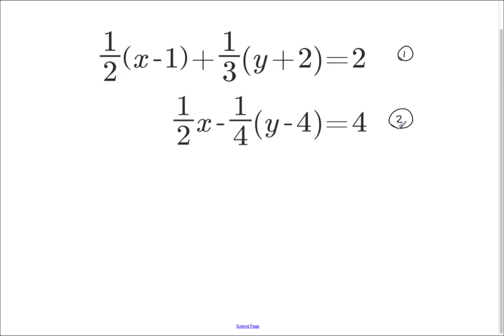Now, we can work with fractions, but in equations, it's actually easier to get rid of them completely. And I'll show you what I mean by get rid of them. If I had just a simple fraction 2/3, if I were going to multiply 2/3 by any number I wanted to, I would pick something that 3 went into.